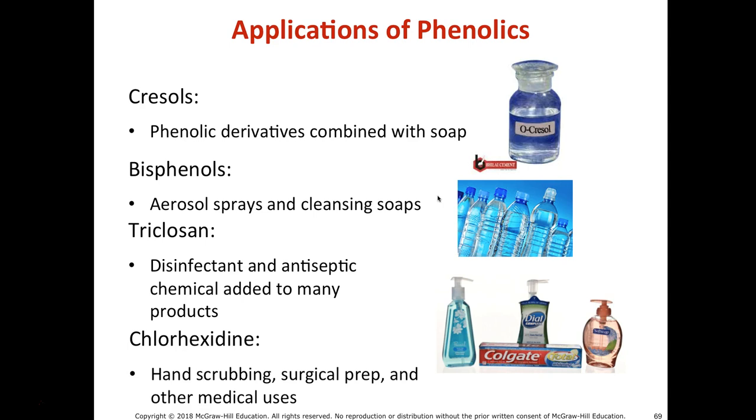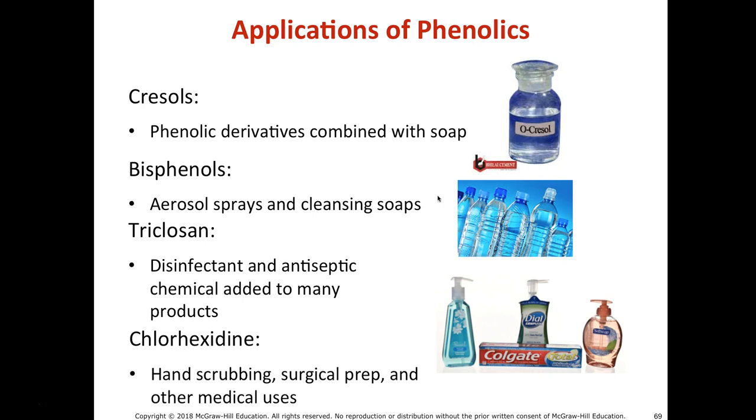And it could be used as both a disinfectant and antiseptic. We find this in a ton of different products like kitty litter. We also talked about it being in soaps and also in certain toothpaste, but I think most toothpastes have taken it out at this point.